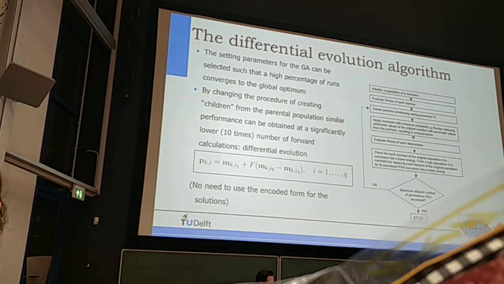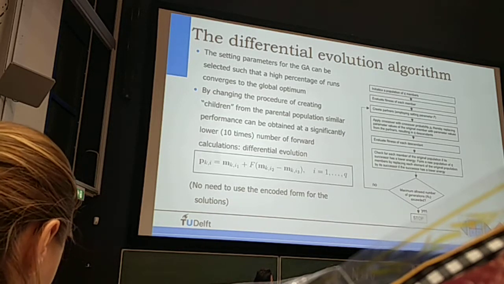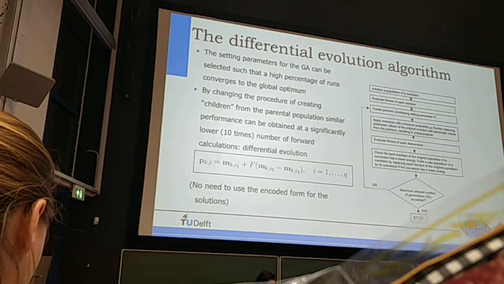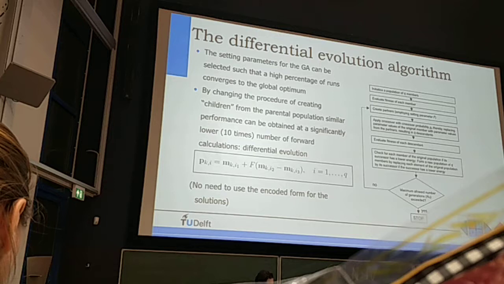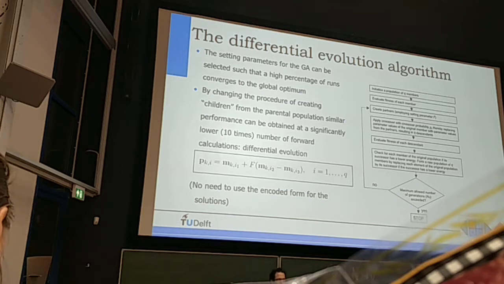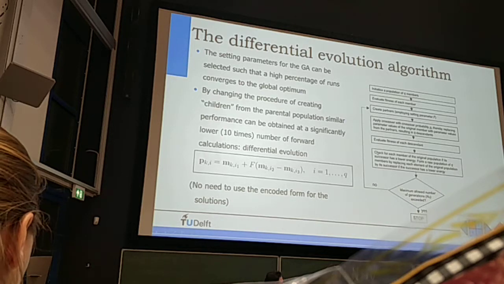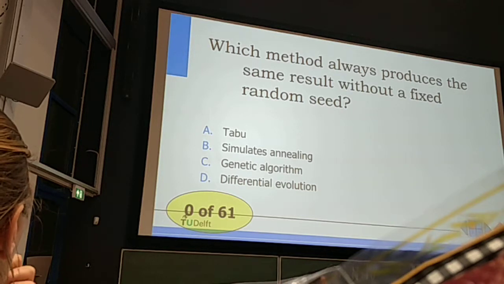So you can get a more simple performance at a significantly lower number of calculations and evolutions. So that's why we call it differential. So if you do have to use this, differential evolution is usually a better way than a standard genetic algorithm.